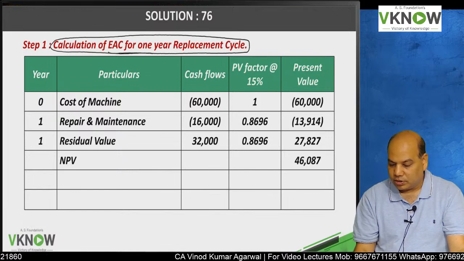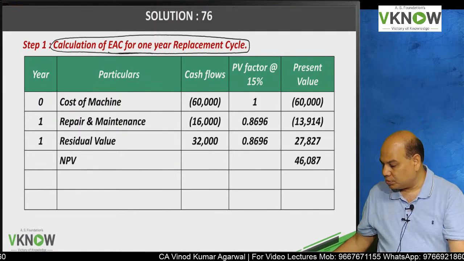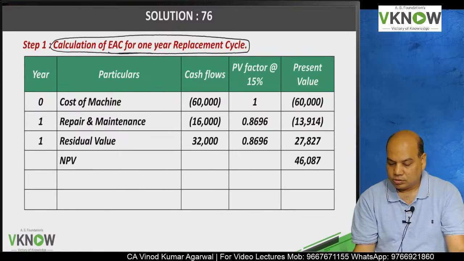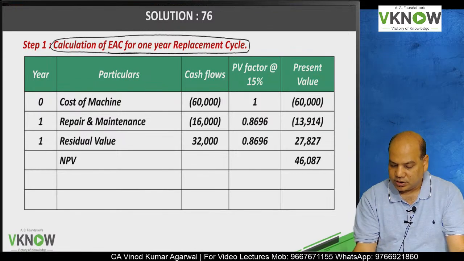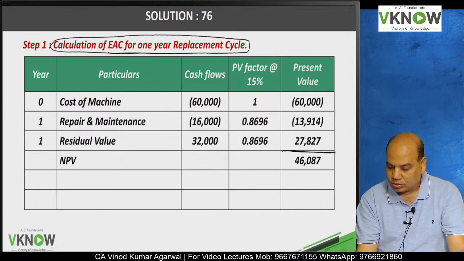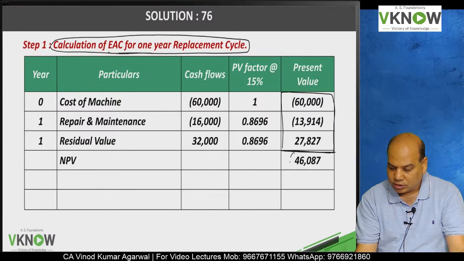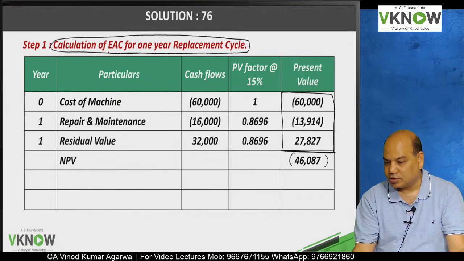So my NPV means PV of cash inflow minus PV of cash outflow. So the net present value of all these 3 cash flows put together is an outflow of 46,087.